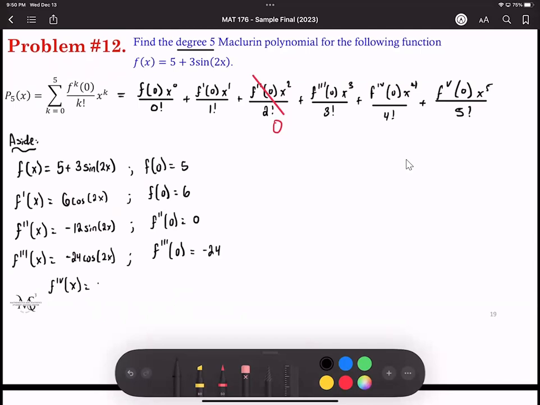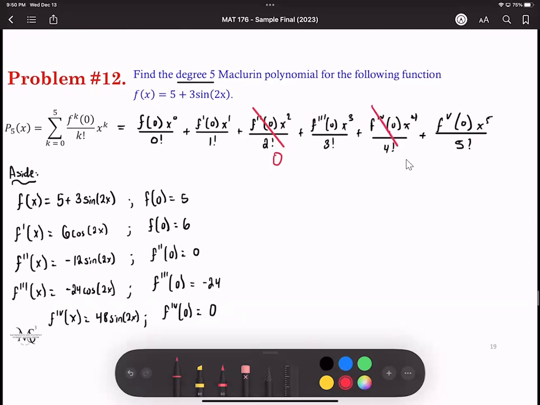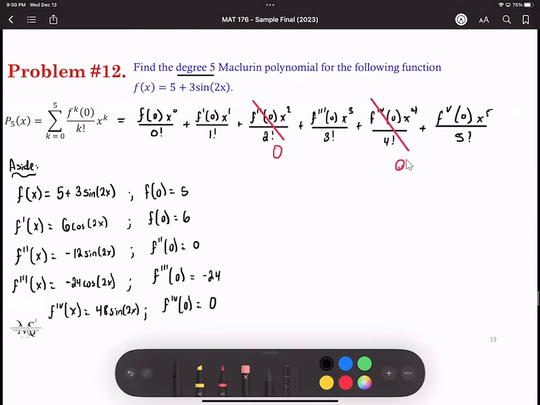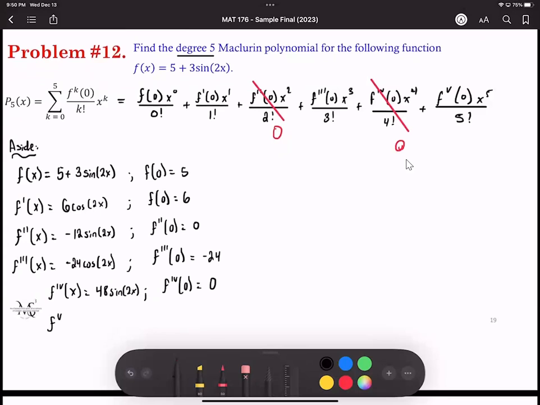This will be 48 sine of 2x. Evaluate this at 0, you get 0, so guess what? The fifth term in our formula now becomes 0. And we do the fifth derivative. That will be 96 cosine of 2x. So if I evaluate our fifth derivative, that's now 96.